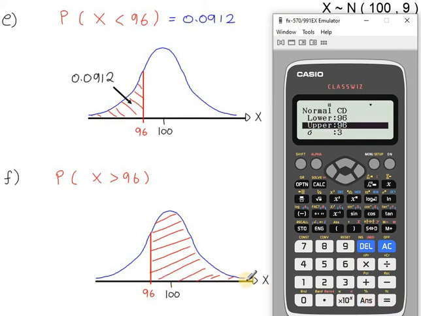The upper limit, we need to go outside the range of our normal distribution, so something like 500 will do. It doesn't have to be that; 400, 300, they would all be fine. The standard deviation and the mean are still the same, so this is the probability for this side, 0.909 to 3 significant figures.